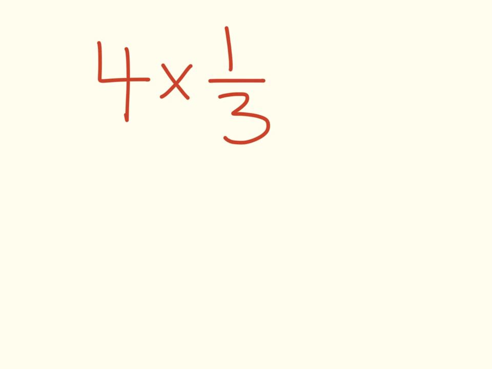From our third grade standards, students also have an understanding of multiplication as repeated addition. So if I were to look at a problem like 4 times 1/3, I would know that this means 1/3 added together 4 times.